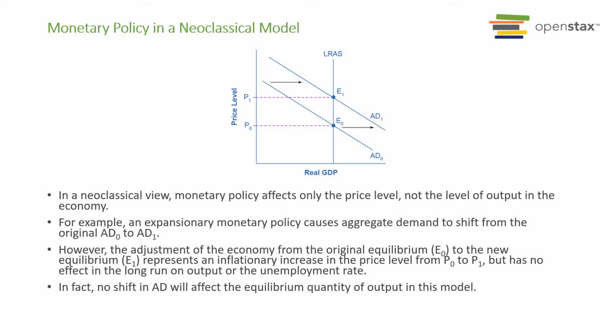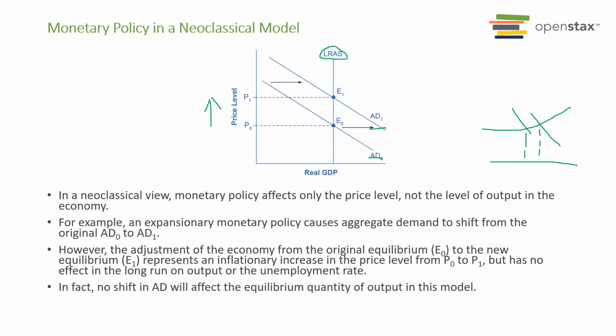All right, lastly, the neoclassical view of economics. The Keynesian view is that the long-run aggregate supply curve is more flat, so whenever you change your aggregate demand curve, you're going to see a real change in your real GDP. But the neoclassical view of economics believes that the long-run supply curve is perfectly vertical, so if you change your aggregate demand curve, the only real change you're going to see is inflation.